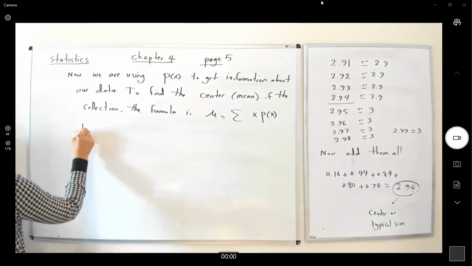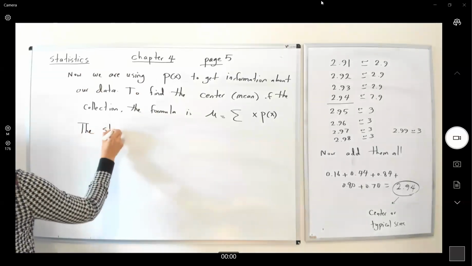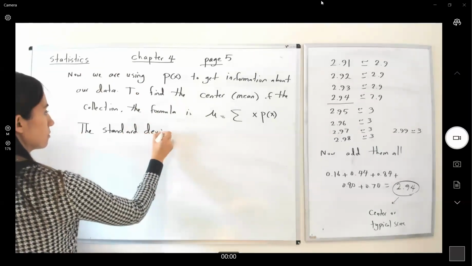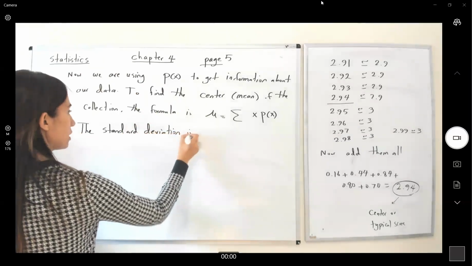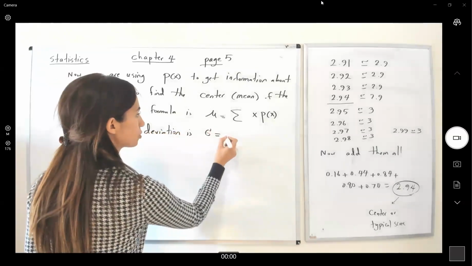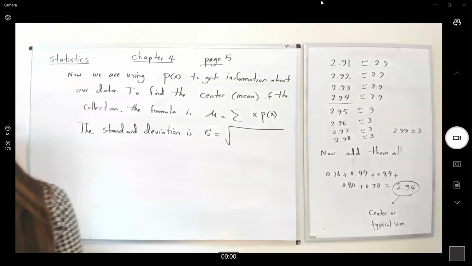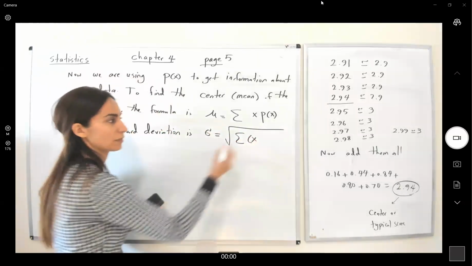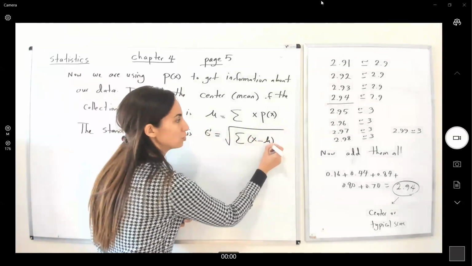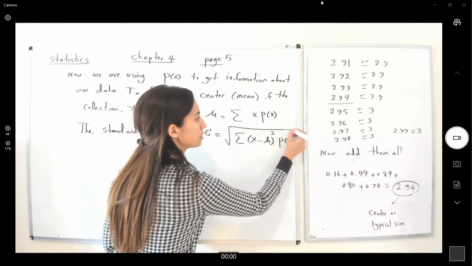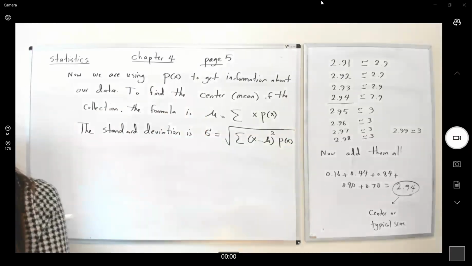Let me erase this line. The standard deviation is sigma equals the square root of, now you are taking each x minus mu, you square it, and you multiply it by P of x.